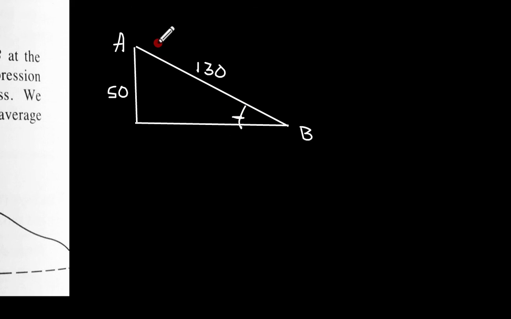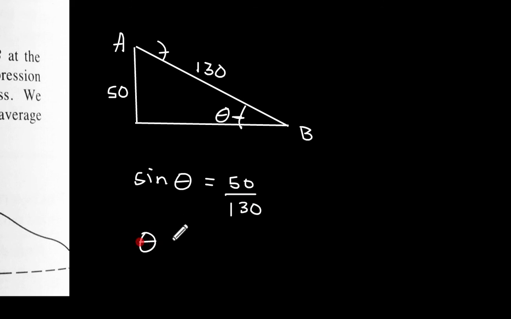Remember how we talked about the angle of depression is right there? These are going to be the same, so I'm going to use this angle right here. We'll just call it theta. They want to know the angle of depression, which is this angle too. We have opposite over hypotenuse, so sine of theta equals 50 over 130.